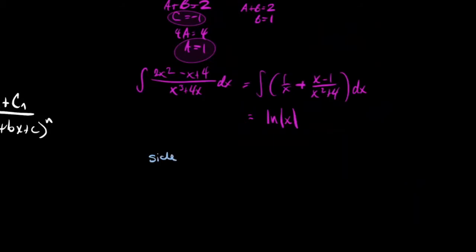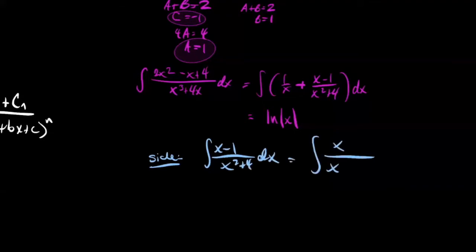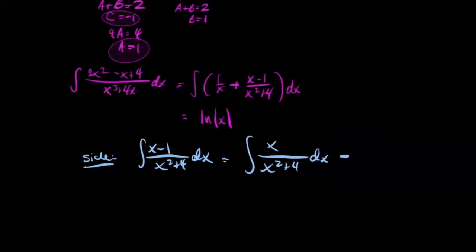This will be a side note. So the integral of x minus 1 over x squared plus 4 dx is the integral of x over x squared plus 4 minus the integral of 1 over x squared plus 4. So the second one is really arctangent.